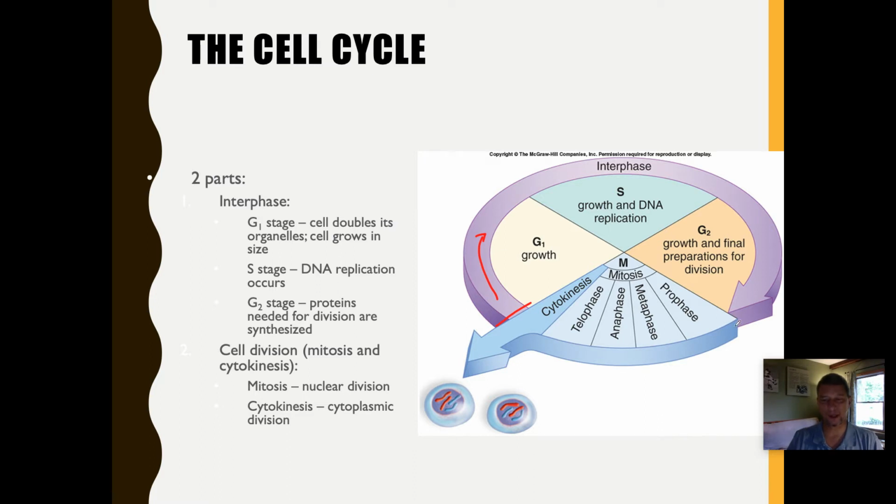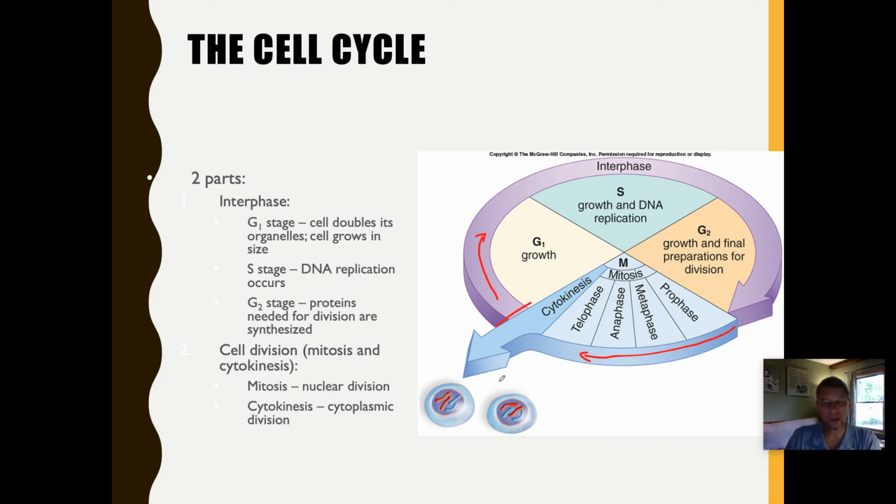And then we enter phase 2. Now, the second phase here is often referred to as mitosis. But in reality, there's two things that are happening here. Mitosis, which is the division of chromosomes, and cytokinesis, which is the division of everything else. All of the organelles, all the cytoplasm, all of that stuff. All right, it has to be divided equally.